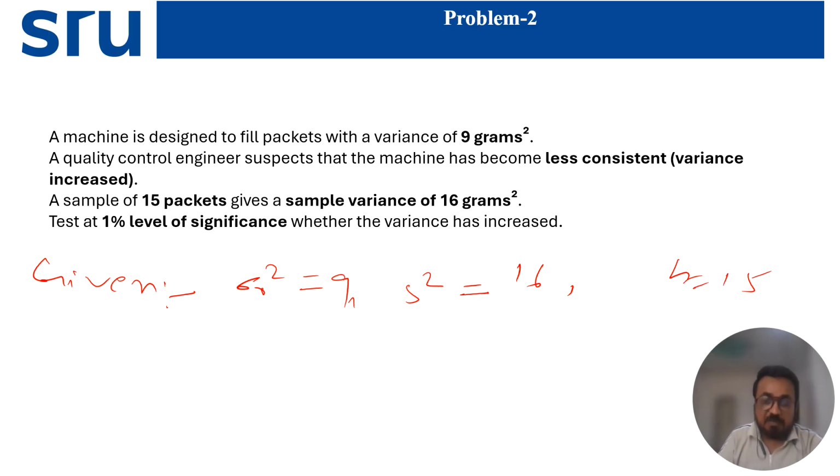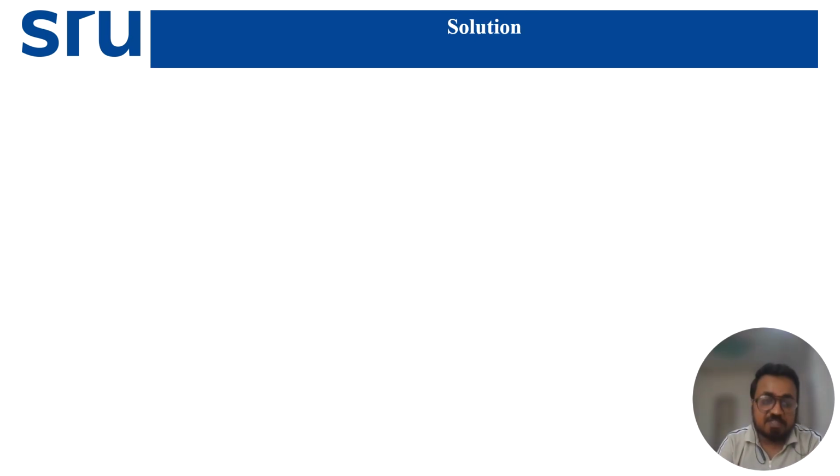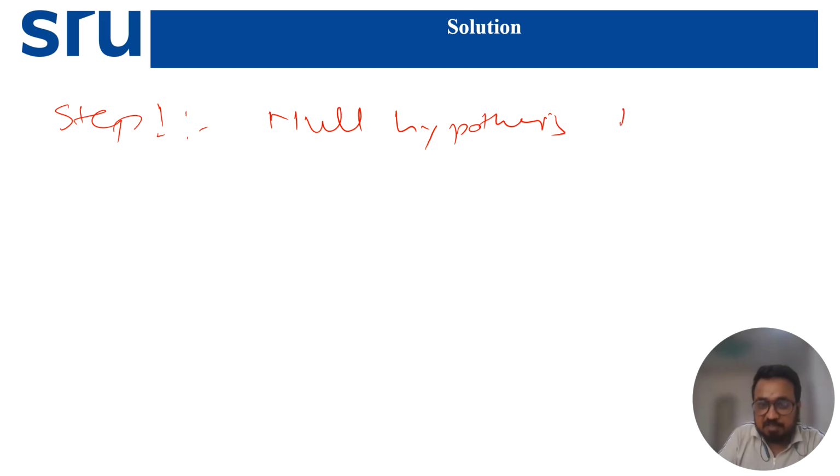Now in the first step we will determine the hypothesis. The null hypothesis H naught is sigma square equal to 9.